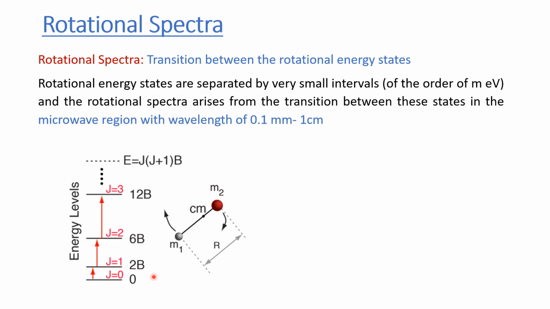Just like an atom has discrete energy states for the electron, the molecule can only rotate with discrete energy levels. This one is allowed, this one is allowed, and no energy between these two levels is allowed.